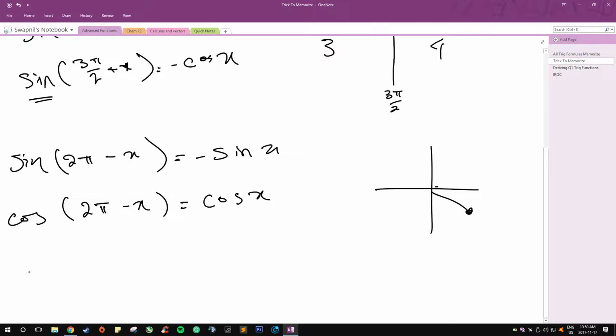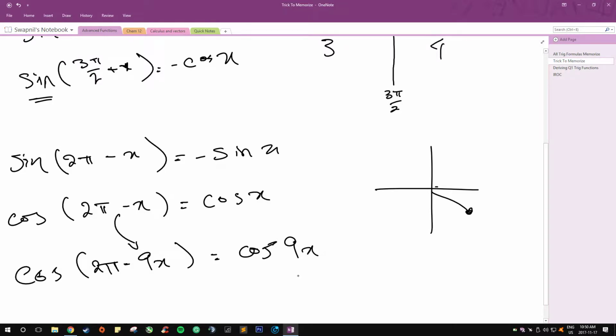This would work too if you had, let's say, cosine of 2 pi minus 9x. This would just be the same thing, except it would be cosine of 9x. It's that simple.